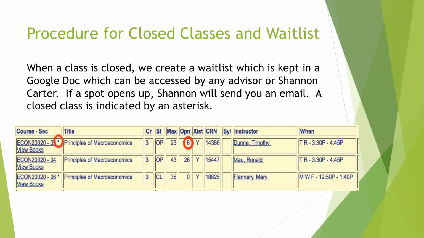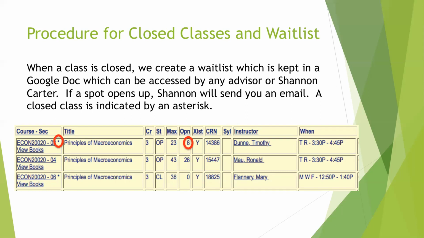So that asterisk right there designates the fact that we have a long wait list for this class. In the past few hours, 8 people have dropped this class, but the class is closed. And so what Shannon has done is Shannon has reached out to individuals on the wait list, offer them the opportunity to enroll. And when they do, that open spot will eventually go down to 0.